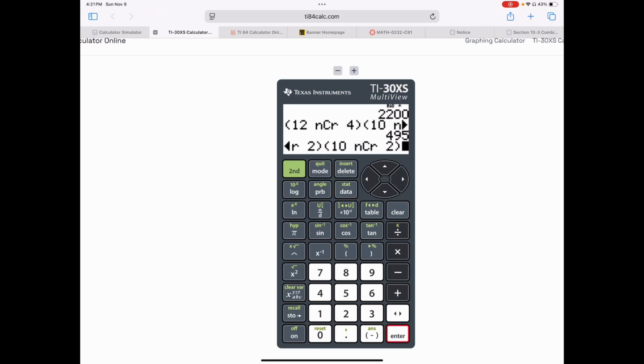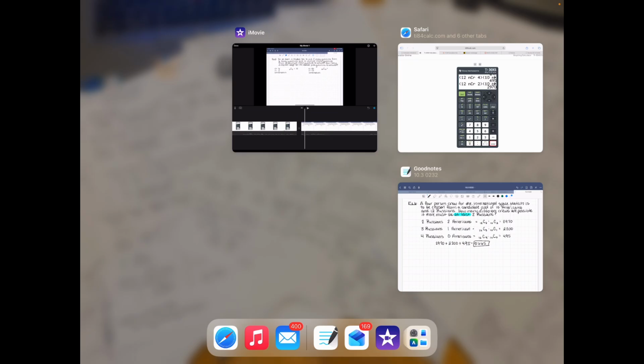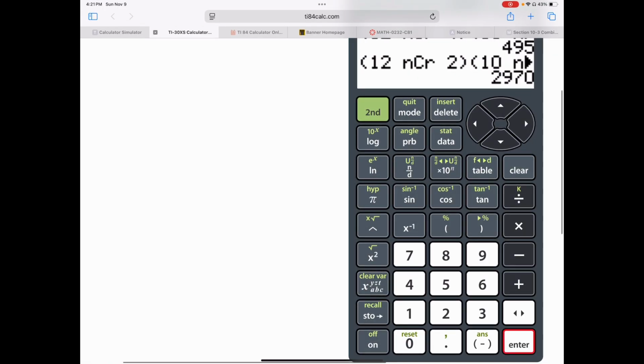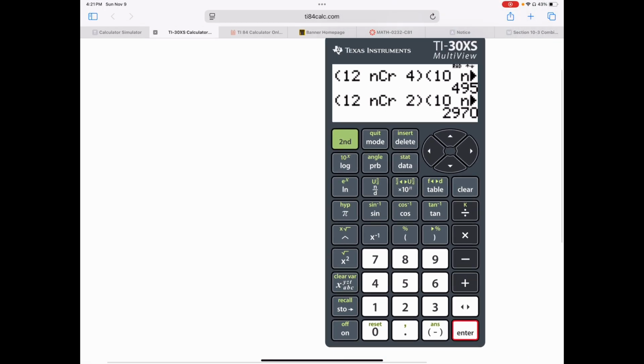Make sure you put them in the parentheses so that they'll multiply correctly, and that does give you 2,970. Okay, when we go back over to the 3 Russians and the 1 American, that's going to be 12 choose 3 times 10 choose 1. We're going to put that in the calculator also. Okay, we did have that up here earlier, and that does give me 2,200.